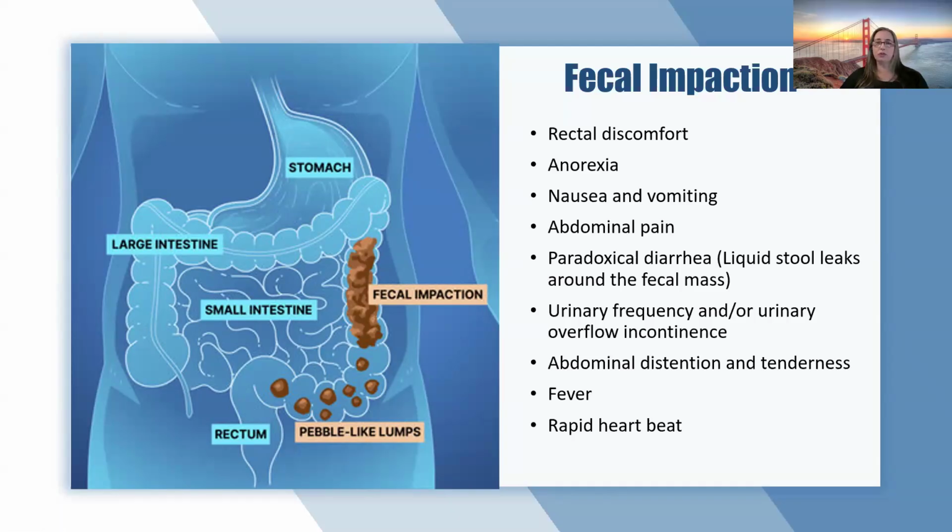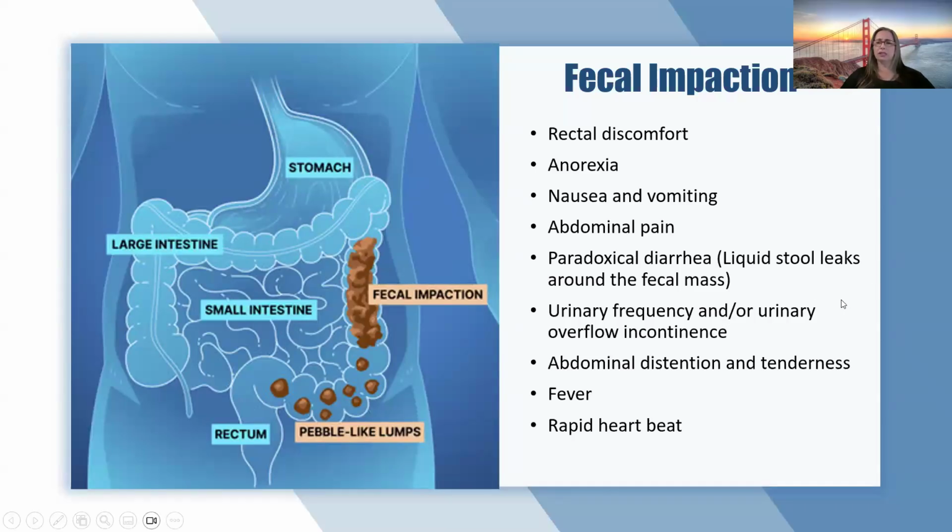So if you have someone who's complaining of having a lot of liquid diarrhea for a long time, and they have a history of constipation or they have some risk factors, it might be a good idea to have them seen just to make sure they aren't actually dealing with an impaction.